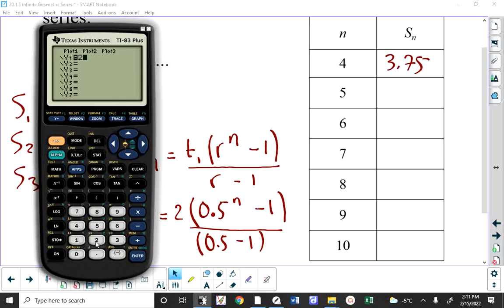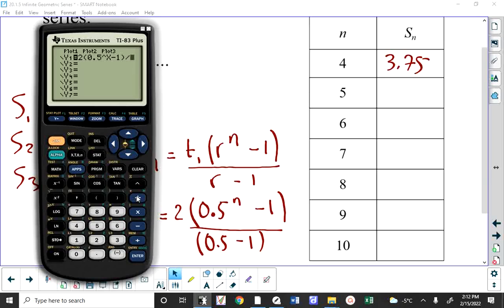So I have 2 multiplied by, in brackets, you could put a multiplication symbol there if you wish, 0.5 raised to the x. I don't need any brackets around the 0.5 because it's a positive number. Then minus 1. And remember what I said yesterday, in this formula it's not raised to the n minus 1. It's raised to the n, and then it's minus 1. And this is over 0.5 minus 1, which is negative 0.5.